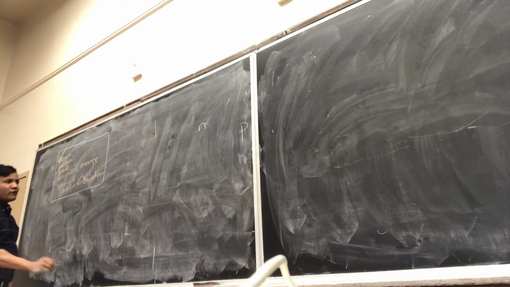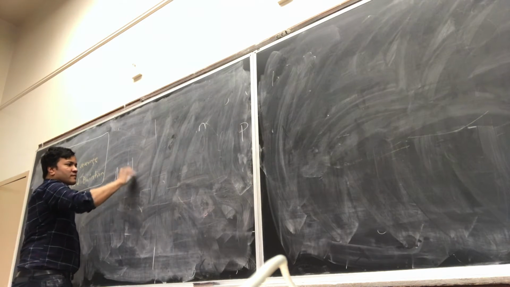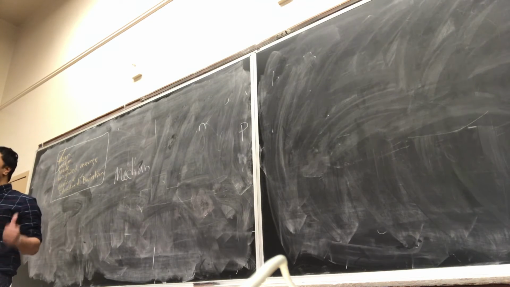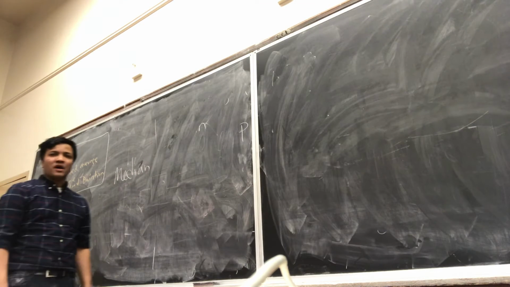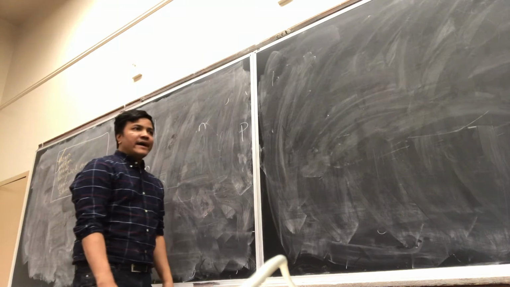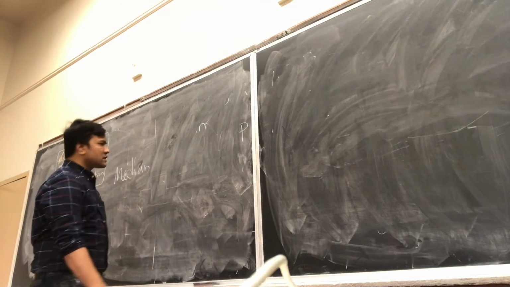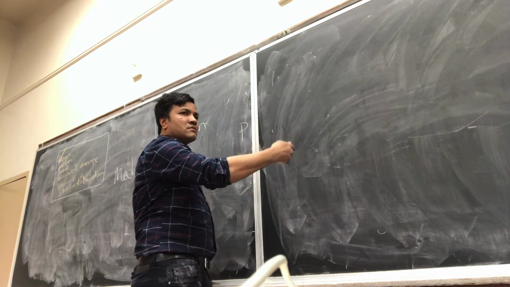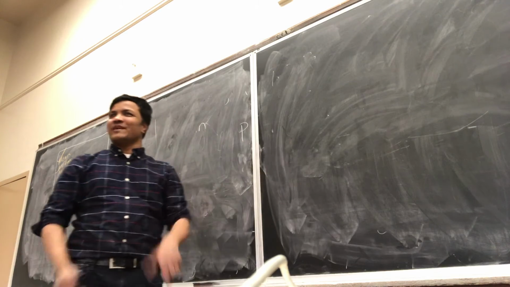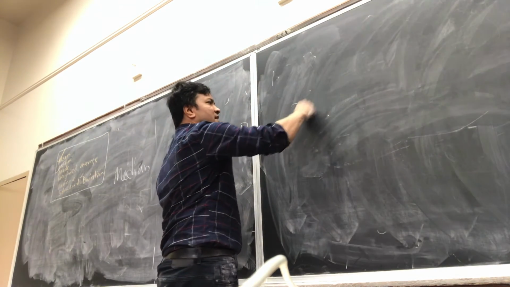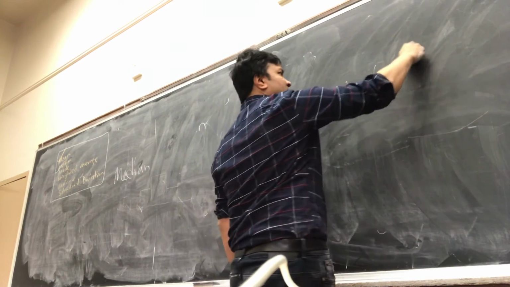Median. To find the median, first you have to organize data in ascending order. For example, let's use some data. Give me some data. Just give me some data. 3, 2, 1, 6, 5.